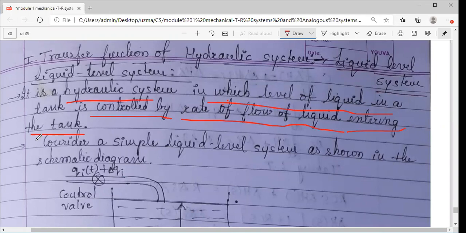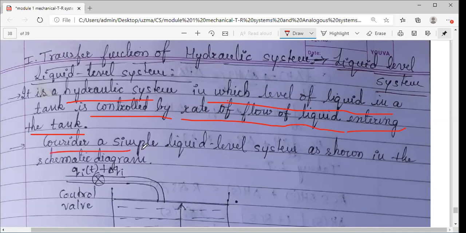Sorry, the level of the liquid in a tank is controlled by that. क्योंकि अगर वो बहुत स्पीड से आएगा, if it comes with a very high rate, then the level will be more, and if it comes with a lesser speed, the liquid level will increase slowly, like that.